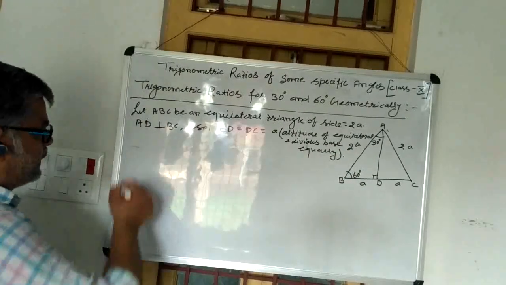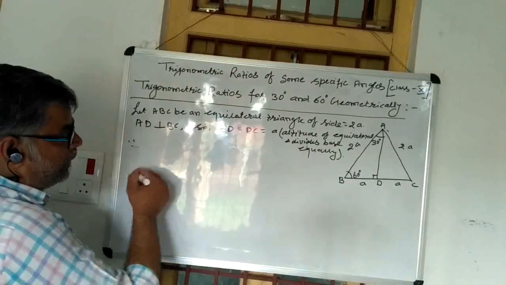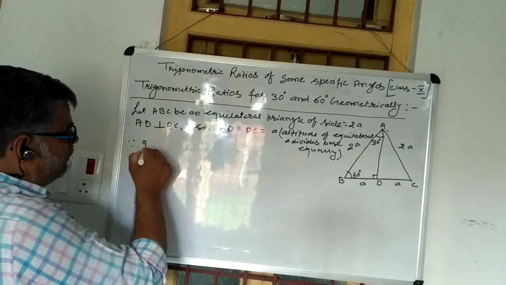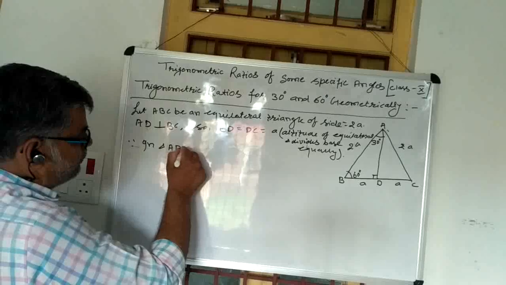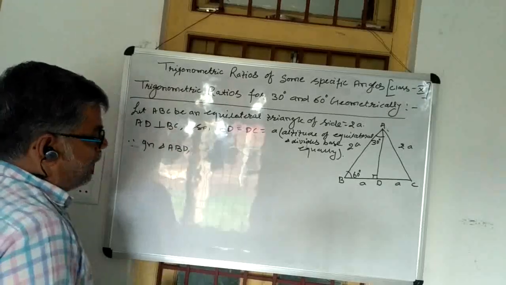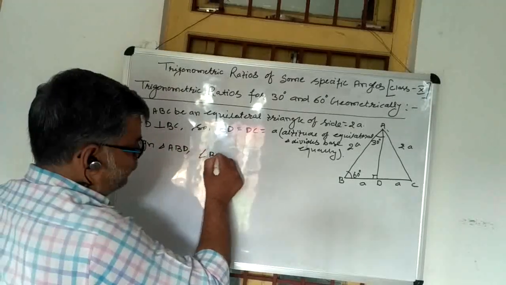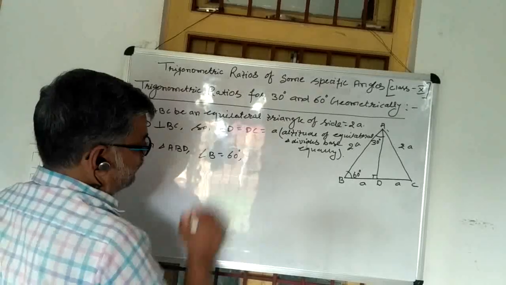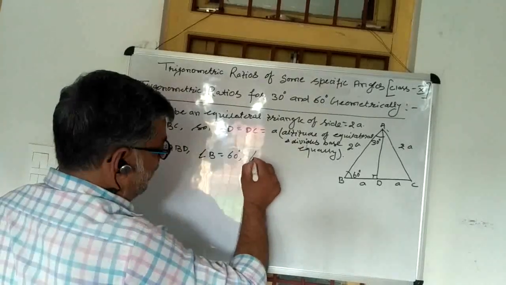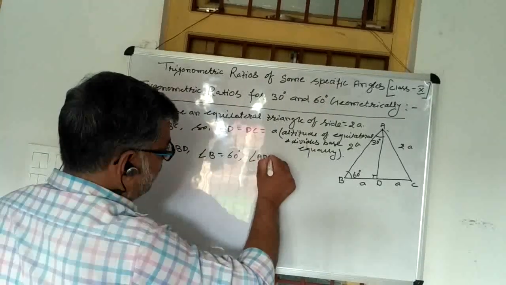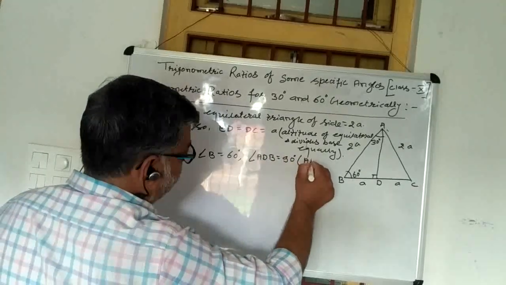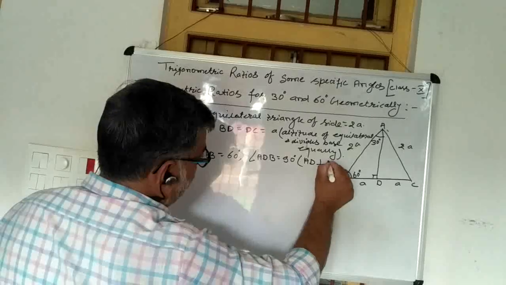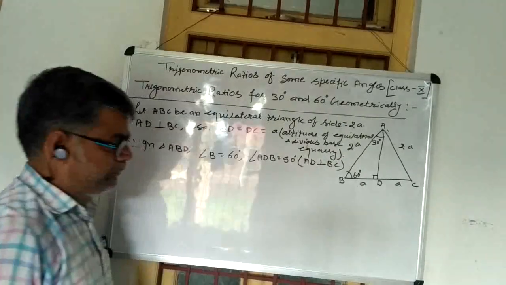Now, since in triangle ABD we have angle B equals 60°, angle ADB equals 90°, because AD is perpendicular on BC.